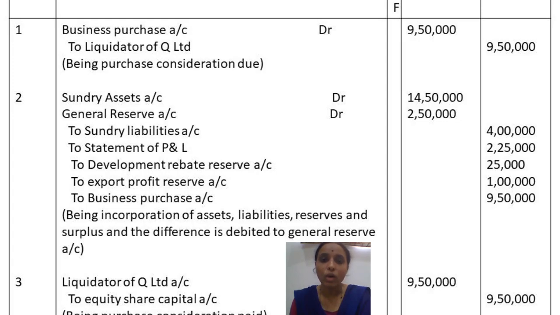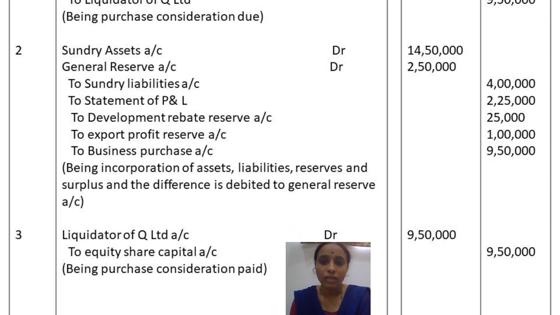So totally all the assets, liabilities as well as purchase consideration together, P Limited is going to take over from Q Limited. That is being incorporation of assets and liabilities and surplus. The difference is debited to the general reserve, so the balancing figure will be debited to the general reserve.